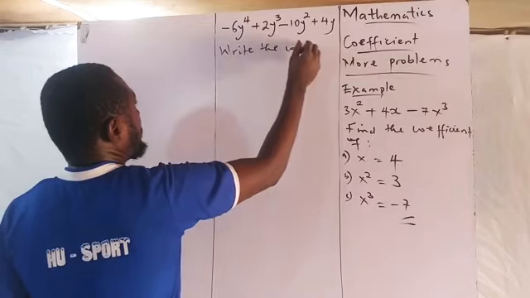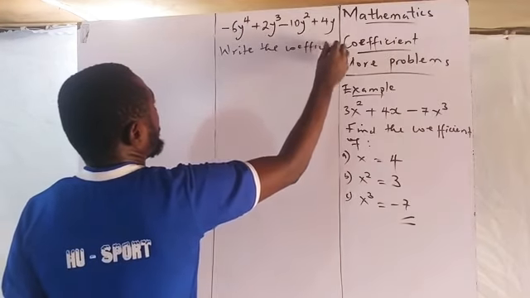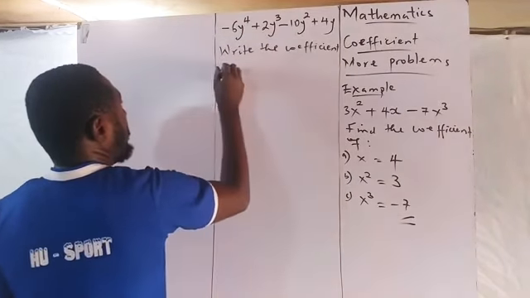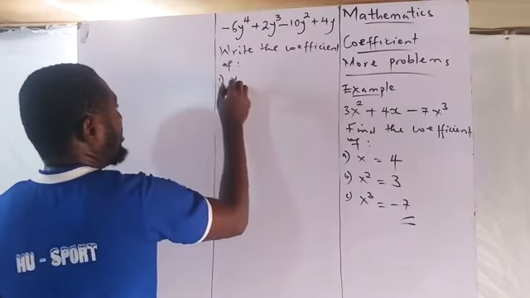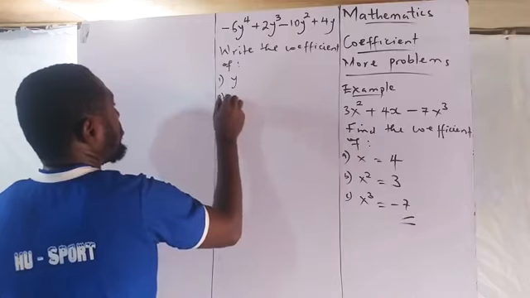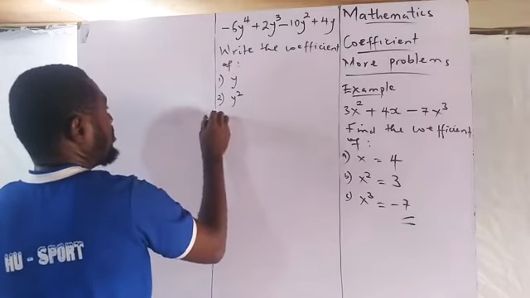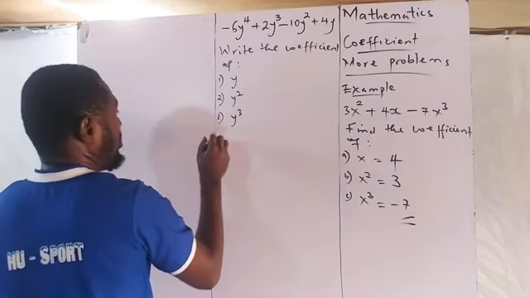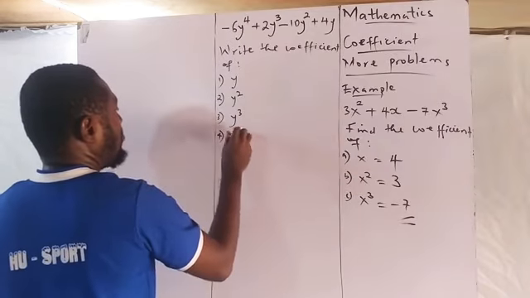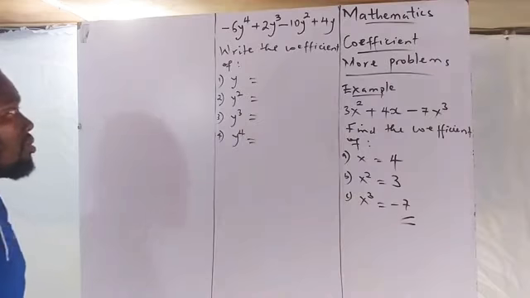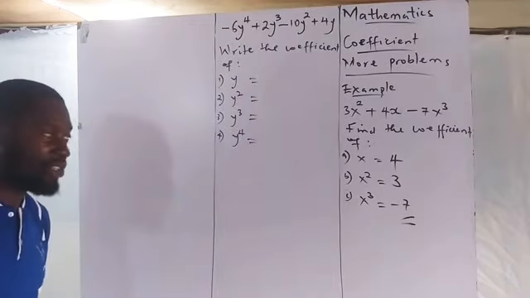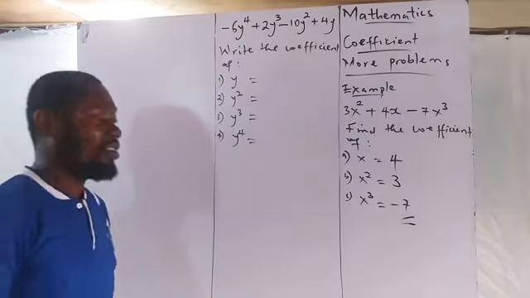Write the coefficients of 1, y, 2, y raised to power 2, 3, y raised to power 3, 4, y raised to power 4. Write out the coefficients alone.